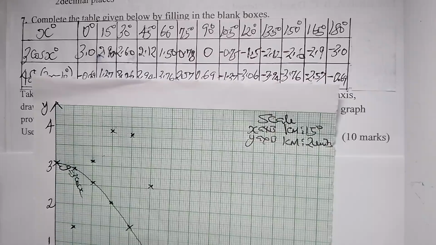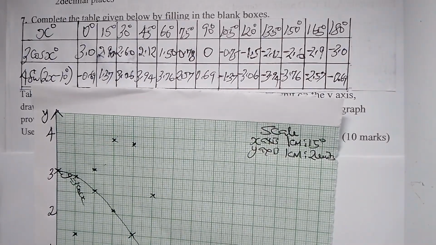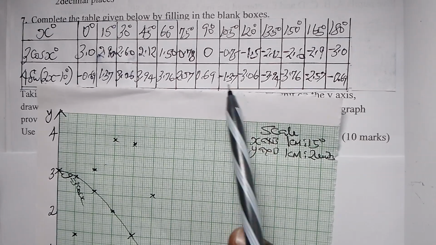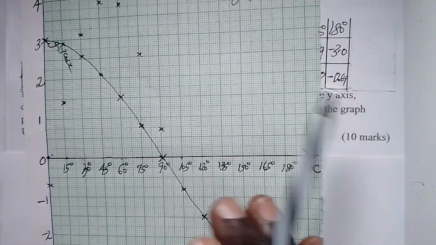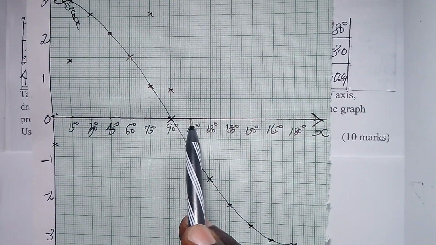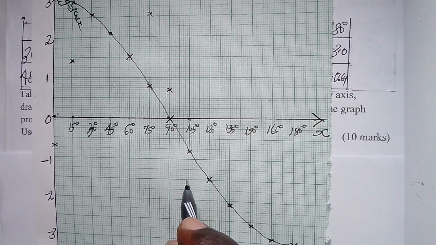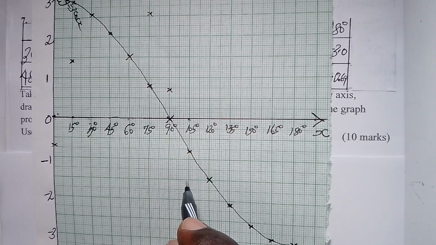When x is 105, y will be negative 1.37, approximately negative 1.4. Negative 1.4 is 1 small square above negative 1.5, because this is where we have negative 1.5 here.